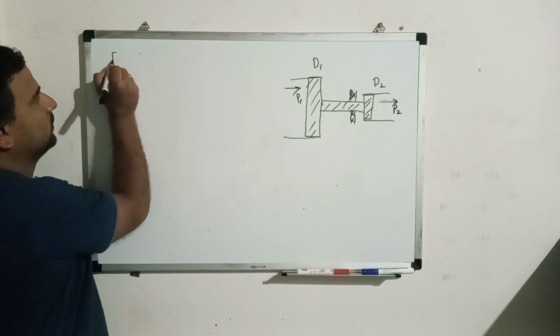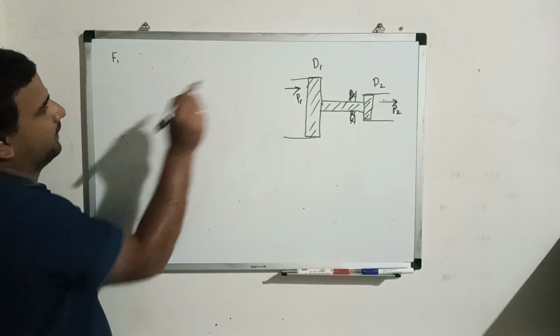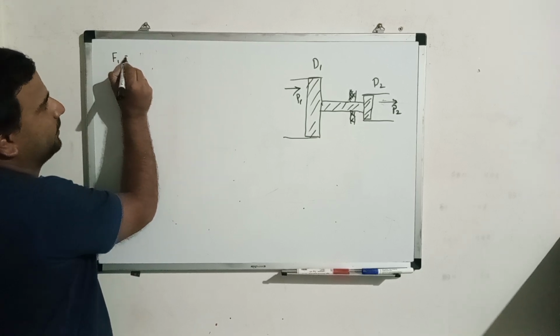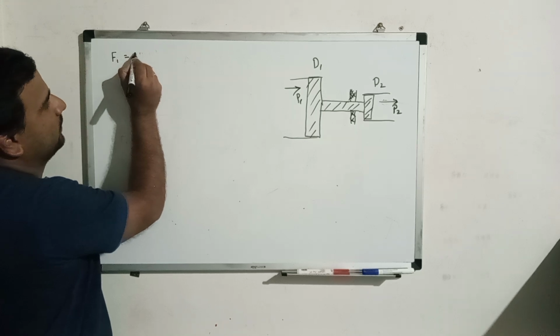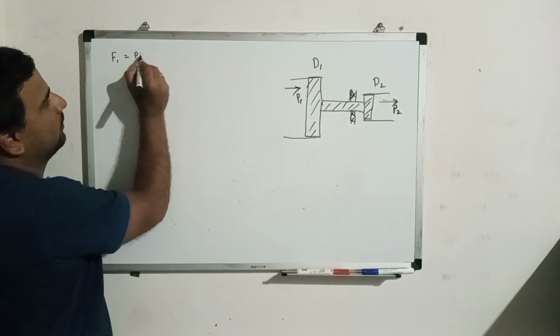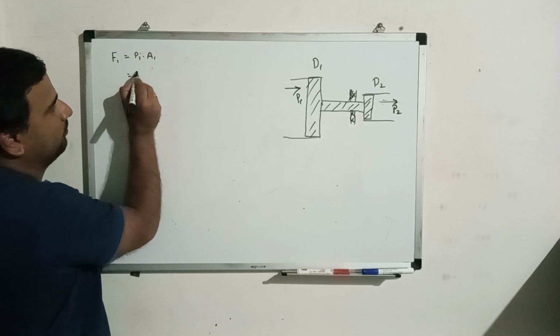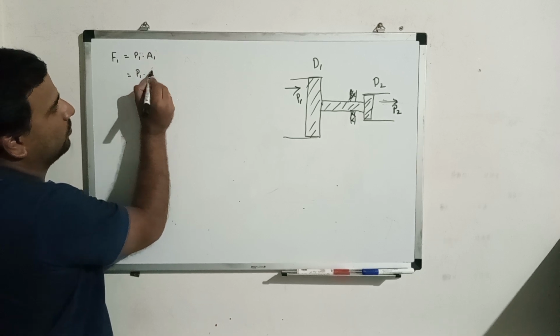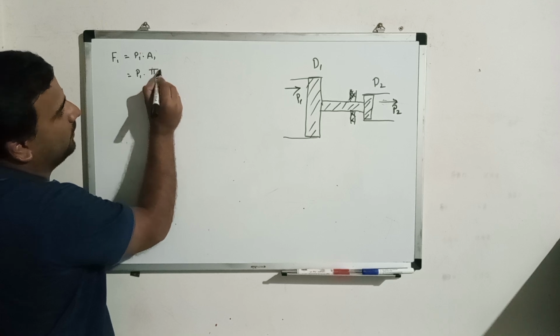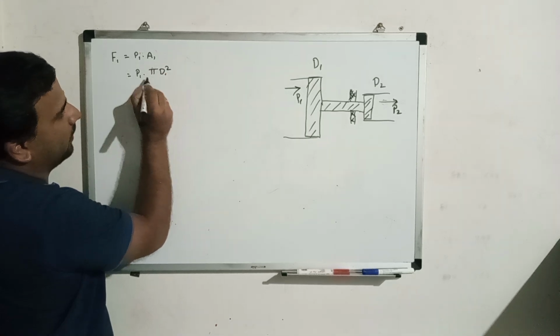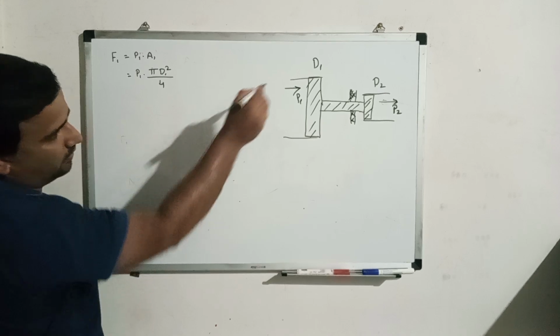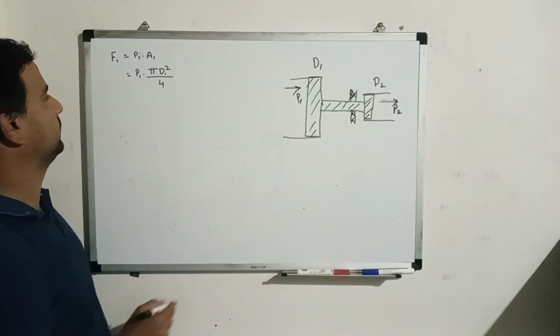The force that is experienced by the bigger piston is P1 times A1, that is P1 into pi d1 square upon 4. d1 is the diameter of the bigger piston.